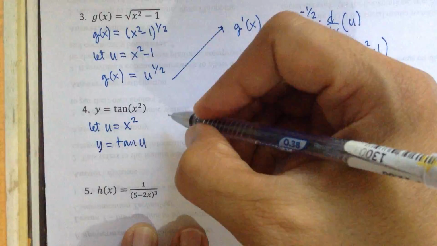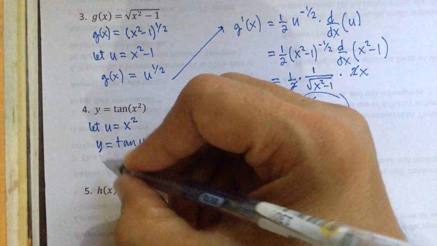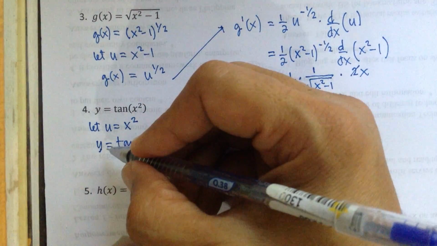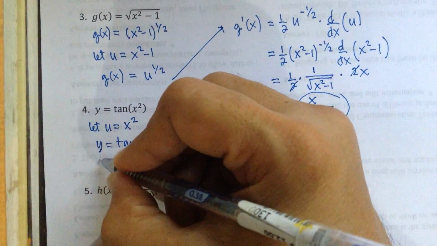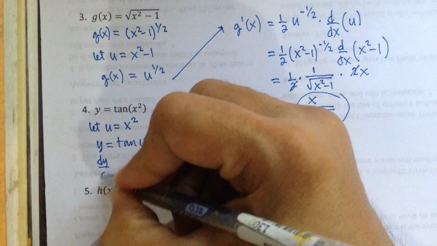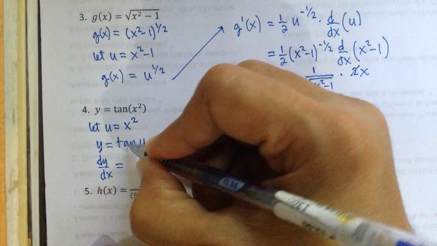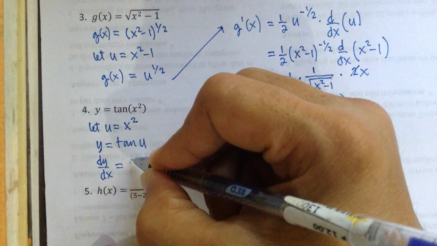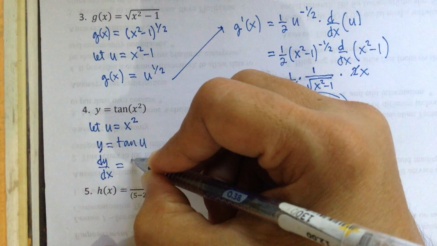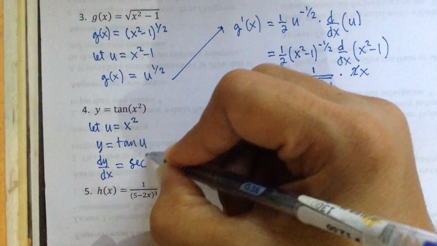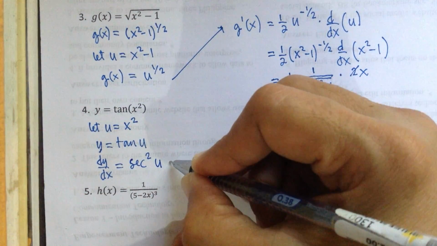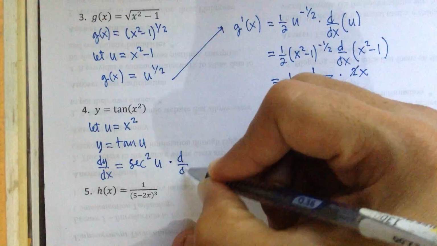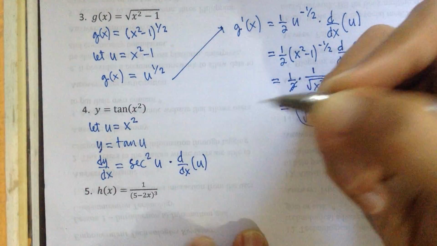And then to find the derivative of this function, you have to find the derivative of both sides. With respect to x, the derivative of y is of course dy dx, and the derivative of this is, check your formula, that's actually equal to secant squared u, and according to the chain rule, don't forget the derivative of your u.